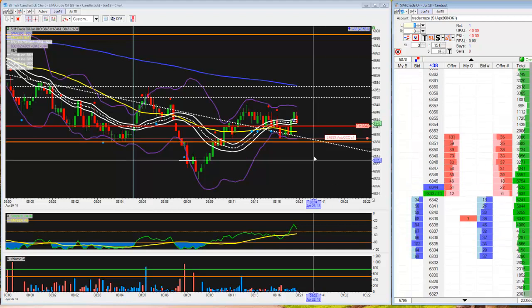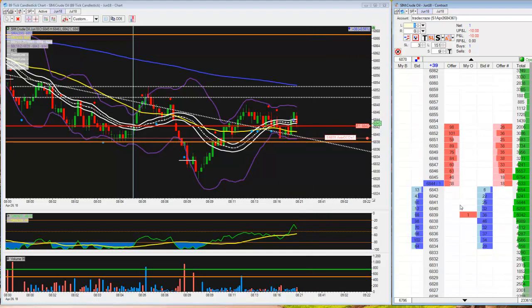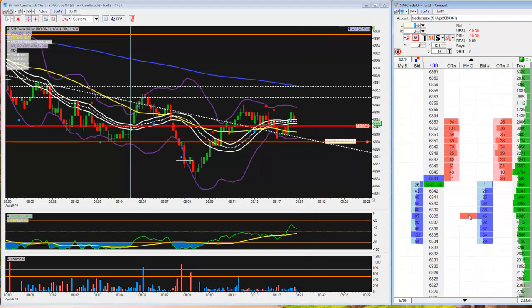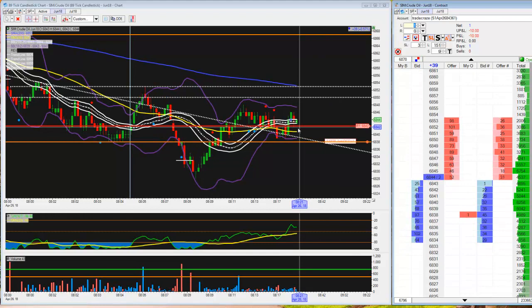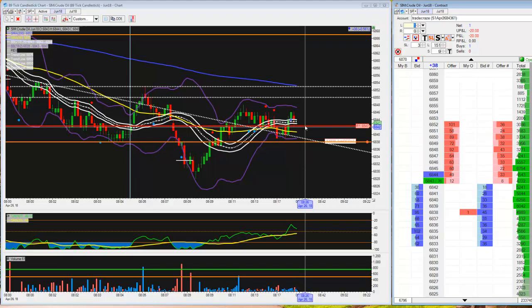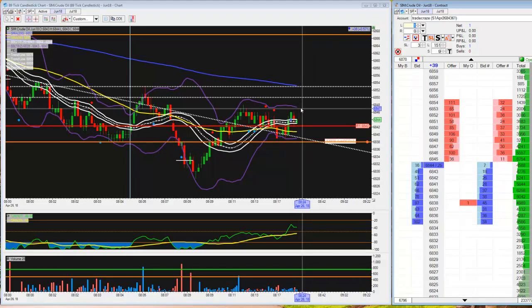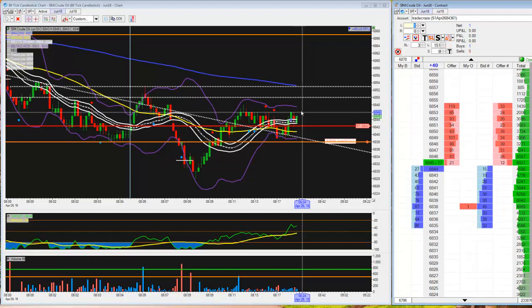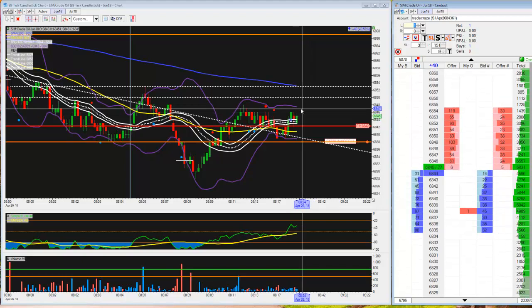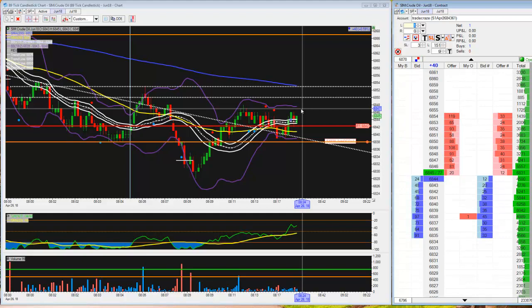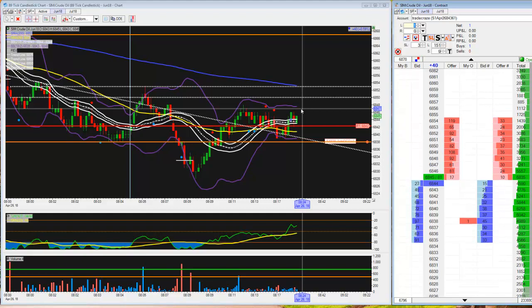I'm taking this on because we've got a GAN signal. Expecting it to shoot up here quickly. It's not really doing that though yet. See how it plays out.